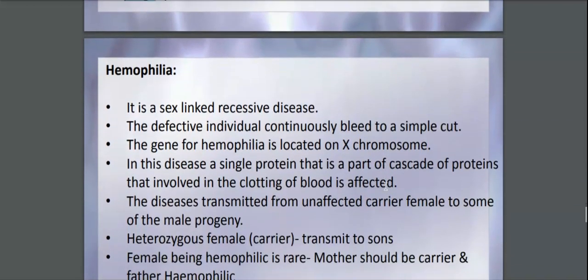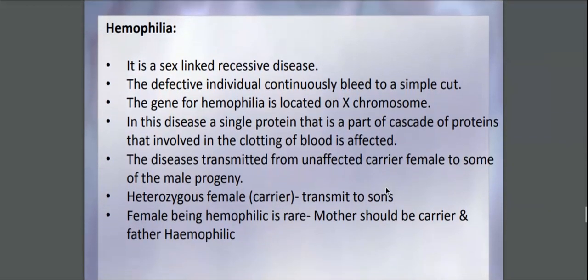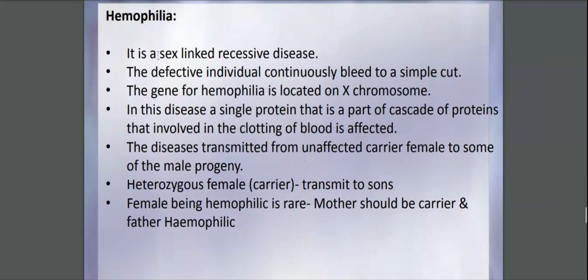Okay, so the things to be noted about hemophilia. First, again, repetition here, it is a sex-linked recessive disease and it is located on the X chromosome. In other words, what we're saying is that this recessive gene that causes hemophilia is found on the X chromosome only. A thing to be kept in mind is women have two X chromosomes, men have only a single X chromosome.